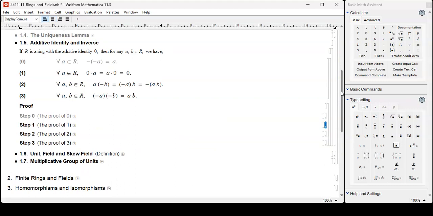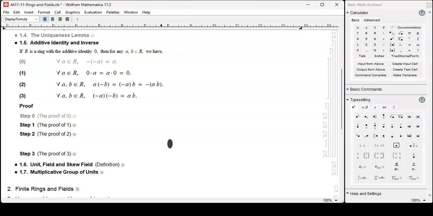Okay, all right, let's go to number 2. Okay, this time, apparently I'm using the first and the third, so let's do this. Prove that a times negative b equals the negative of a times b. Let's prove that. And then the other one is left to the student.